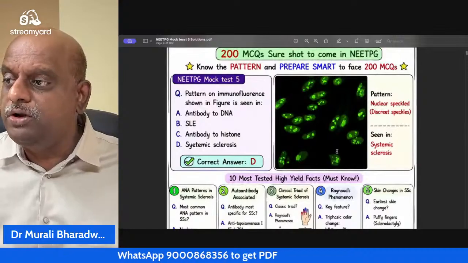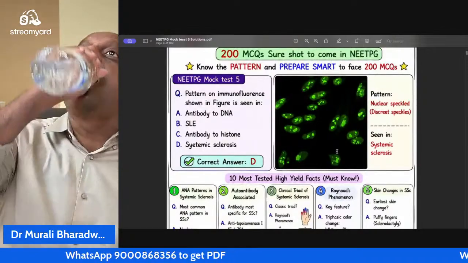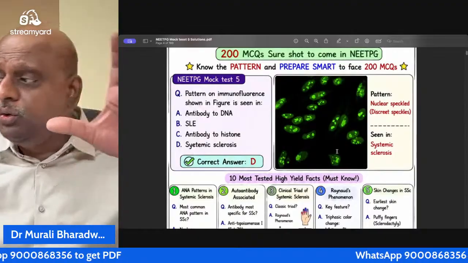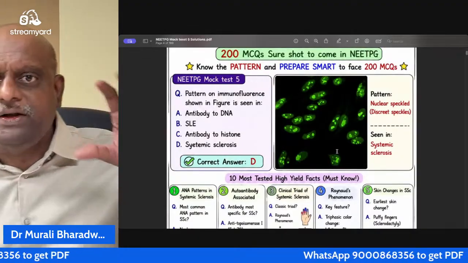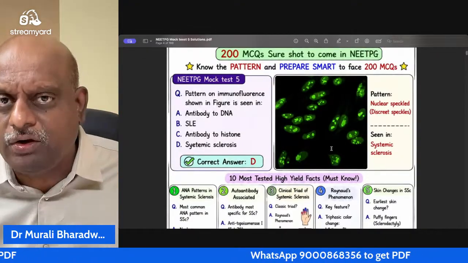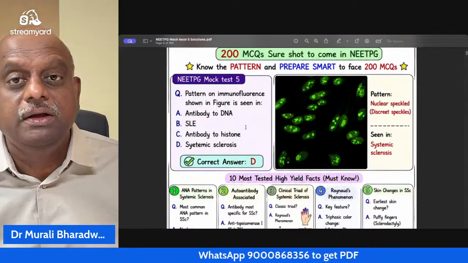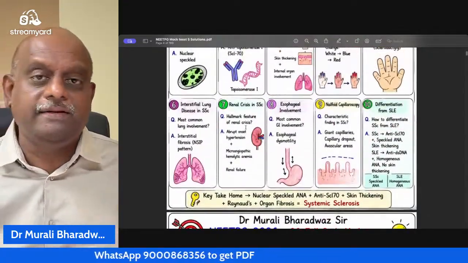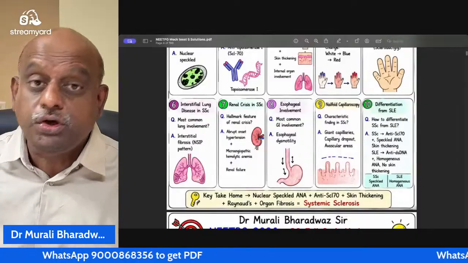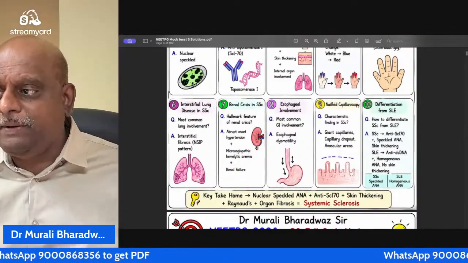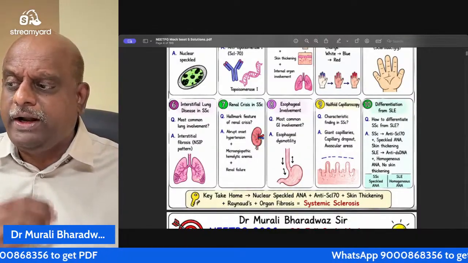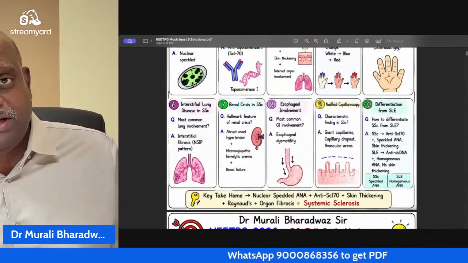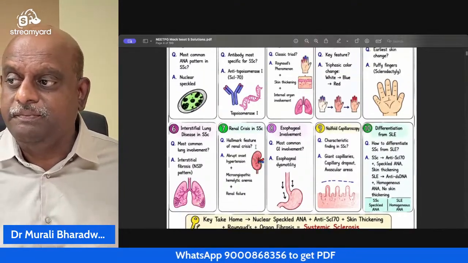What is the pattern of the immunofluorescence you are seeing here, doctor? Nuclear speckled discrete pattern, which is typical of systemic sclerosis, which is the common condition asked in the exam. Any abrupt onset of hypertension with microangiopathic hemolytic anemia with renal failure is the typical pattern of renal crisis in systemic sclerosis.